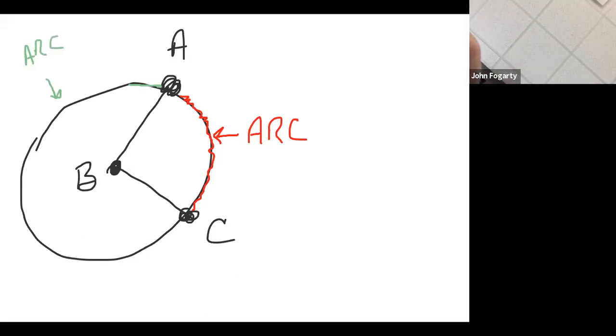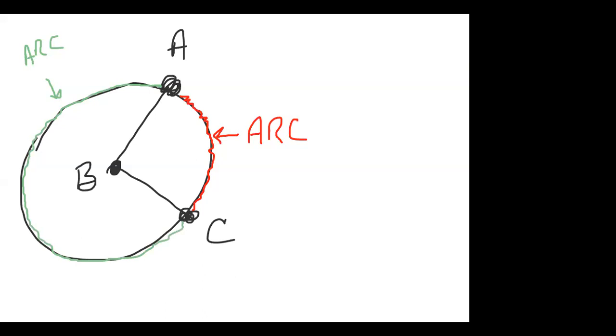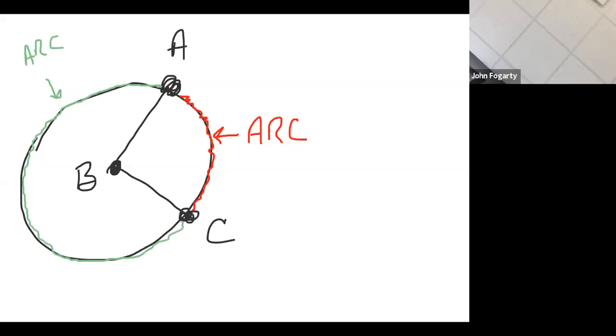Going from A to C. But what's the difference? One's a lot longer than the other one, right? So there's the first thing you got to remember. The shorter arc is called the minor arc. The longer arc is called the major arc.